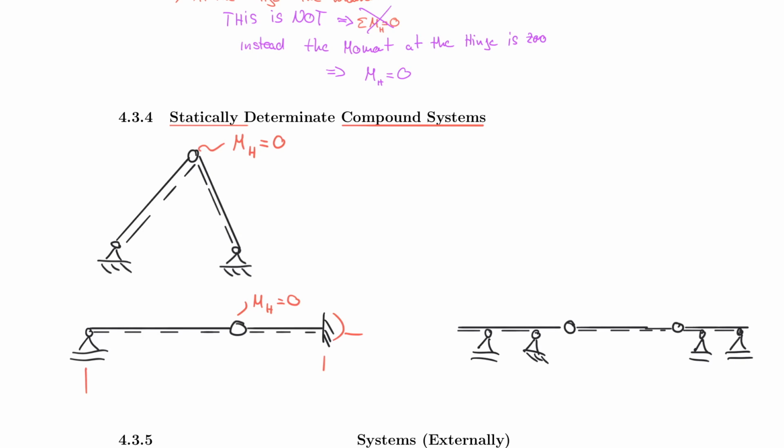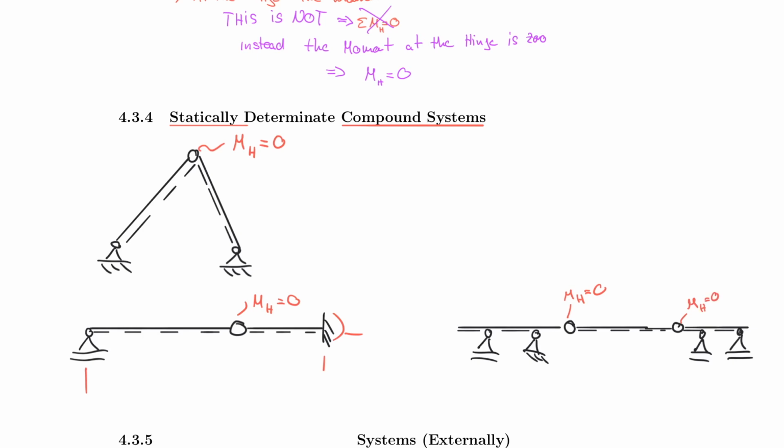And this now is a way more complicated system, but you can see that you can still solve them because you have two unknowns to the right side of this hinge and two unknowns to the right side of that hinge. And why is that important? Because, as you remember, M at hinge is equal to 0 and M at the hinge is equal to 0 here as well.